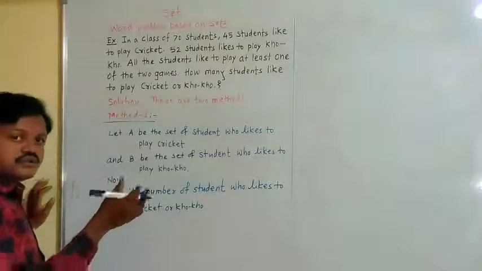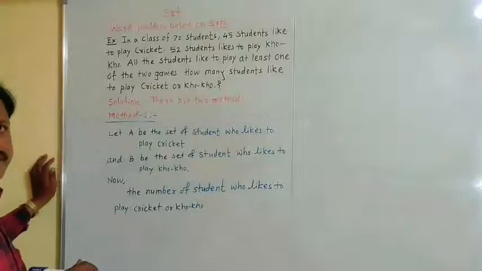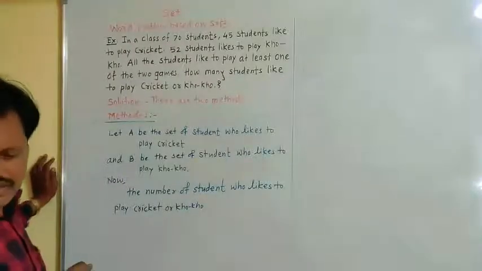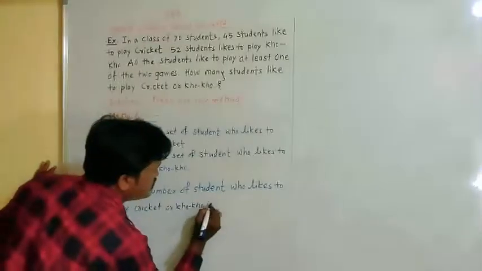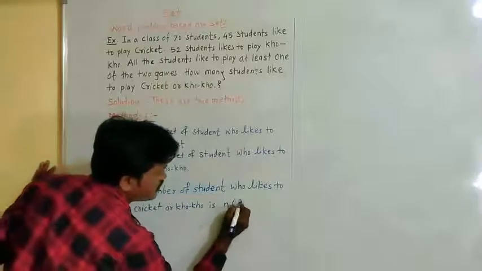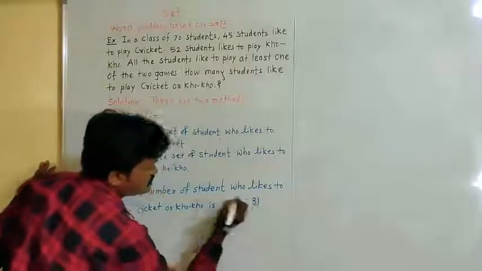So how do you write this? That is the union of set A and B, written as A union B. So look here.